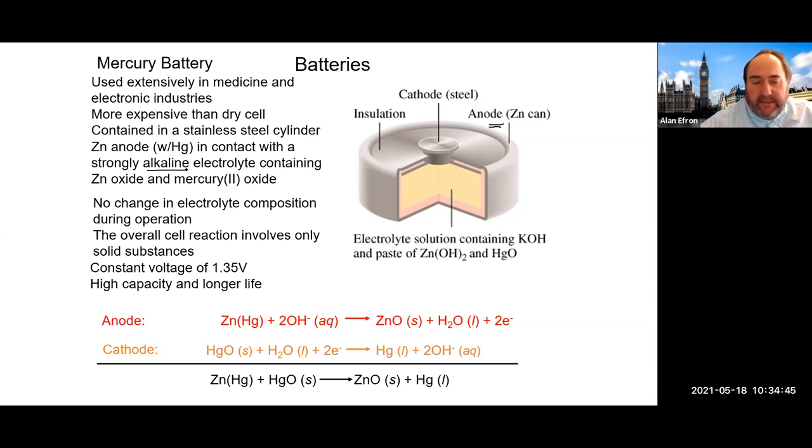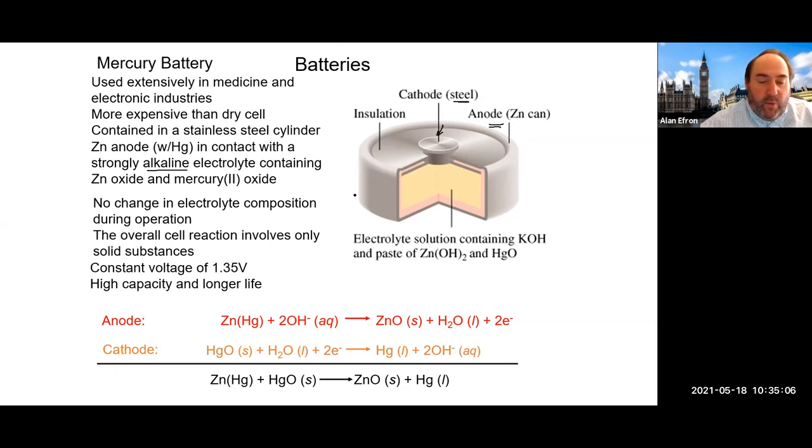Alkaline means basic. And also mercury(II) oxide, which is why it's called a mercury battery. It also has steel as its cathode site, where reduction will occur.